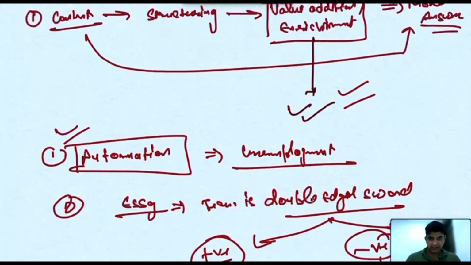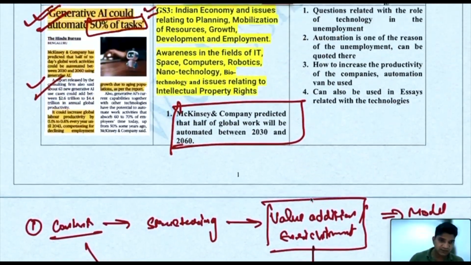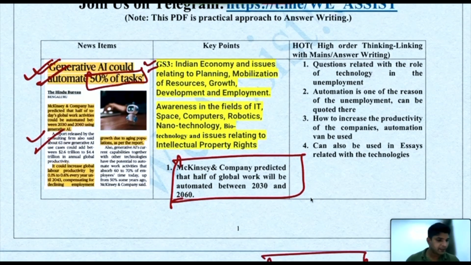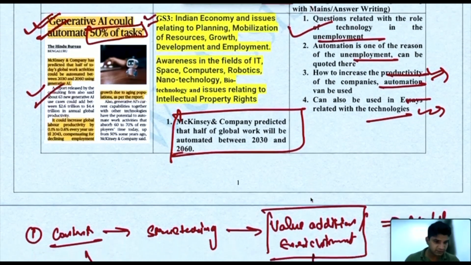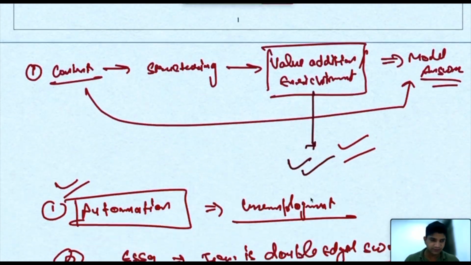So incorporation of AI technology is one of the things. So I have explained that in unemployment related cases you can use how to increase productivity. Automation is one way out, and in essays related to technology there also you can use it. So this was one value addition.